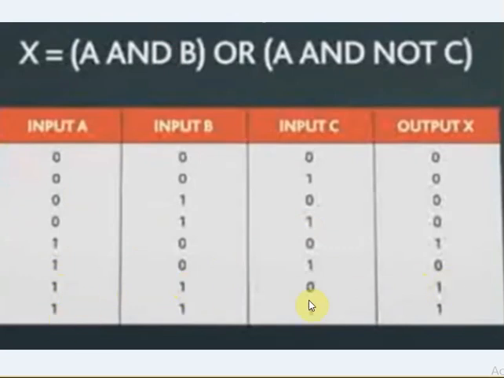The other one is there, we don't care about this, only we are concentrating here. A and B 1, output should be 1. Then the other branch, A and not C. We have to see where you get A and not C. Here 1. All others 0.